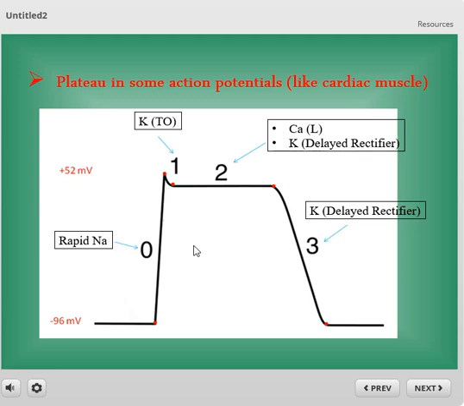And in this phase, the entry of calcium ions balances the exit of potassium ions in terms of electrical charge, resulting in the membrane voltage remaining nearly constant. At the end of phase 2, the plateau, the long-lasting calcium channels close, but the delayed potassium channels remain open until the end of phase 3.